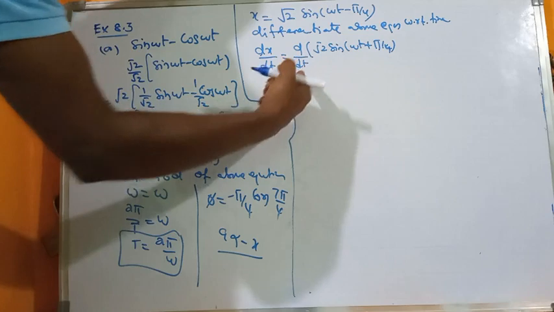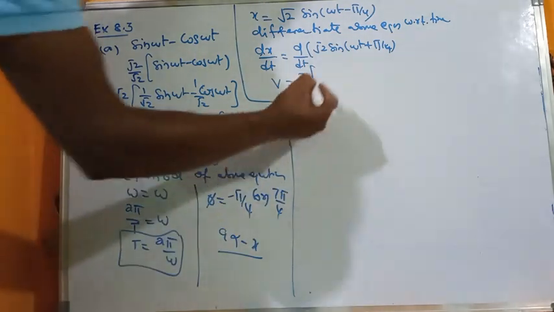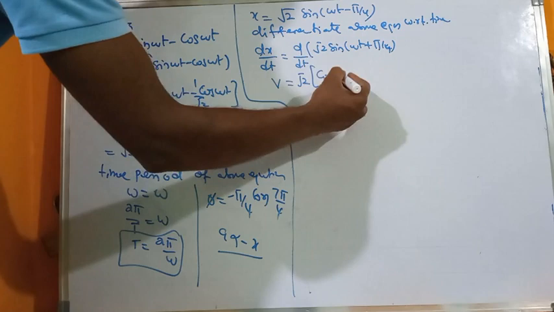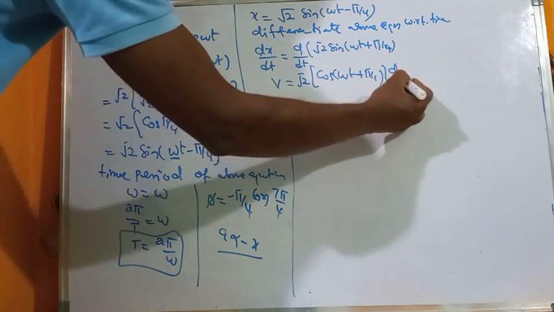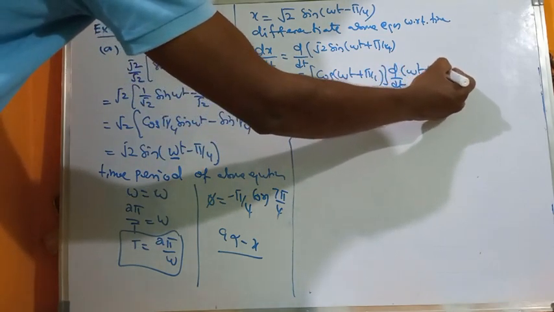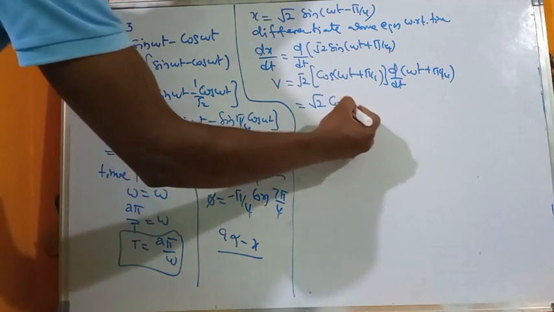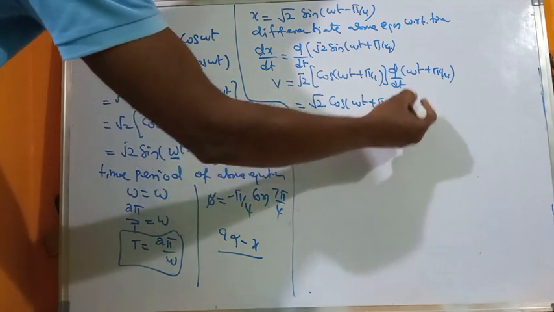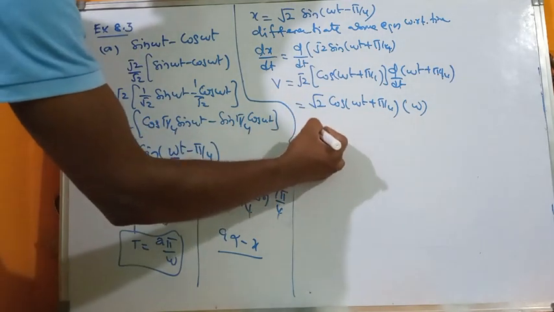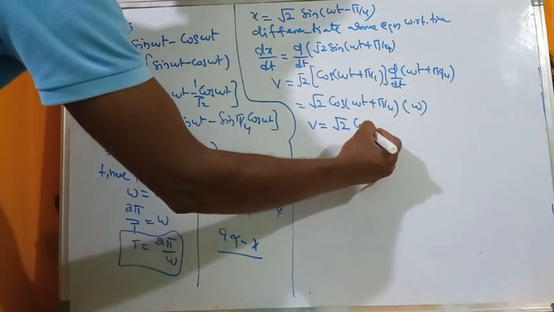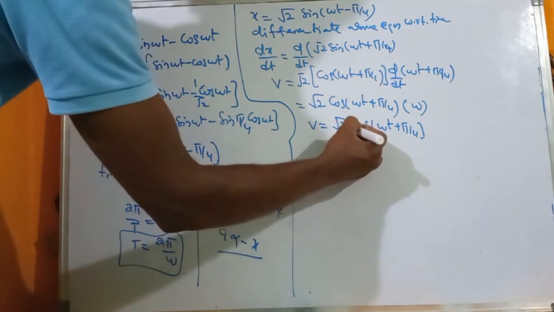Root 2 is constant, so I'm writing it outside, and d by dt of sine is cos omega t minus pi by 4, and again d by dt of omega t minus pi by 4 gives omega. So the velocity v is equal to root 2 omega cos of omega t minus pi by 4.